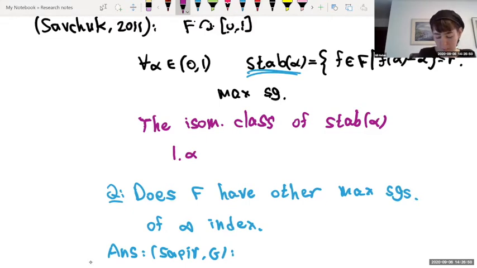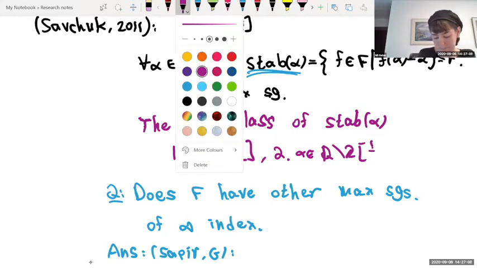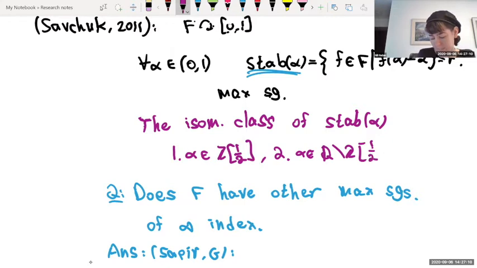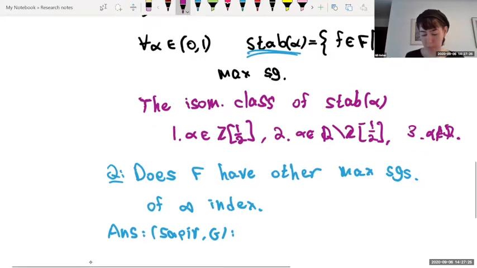The only thing that matters is whether alpha is dyadic, or rational but non-dyadic, or irrational. So that actually makes Savchuk's question even more interesting because up to isomorphism, we only have 3 different maximal subgroups of Thomson group F of this type.